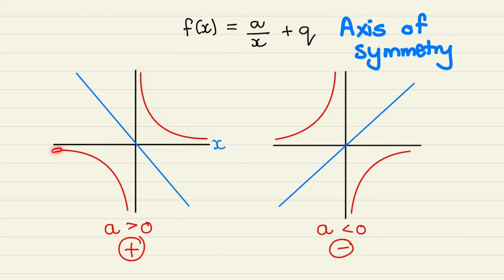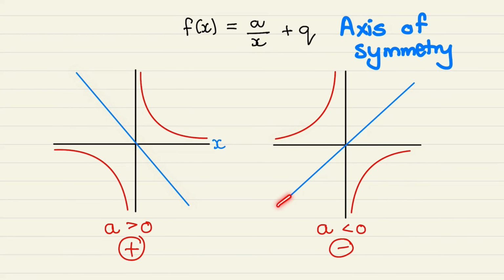We want to find the equation of that line where the curve in quadrant 1 would fit exactly on the curve in quadrant 3. That is called the axis of symmetry. And on the right hand side, we can find the equation of the line where the curve in quadrant 2 would fold exactly on the curve in quadrant 4. This is also known as the axis of symmetry.